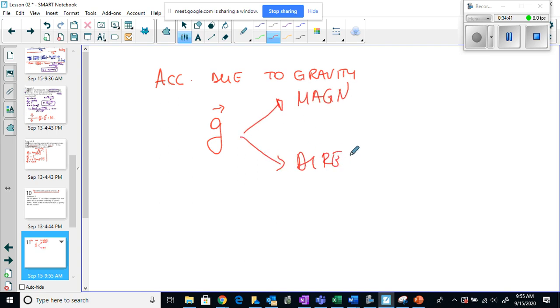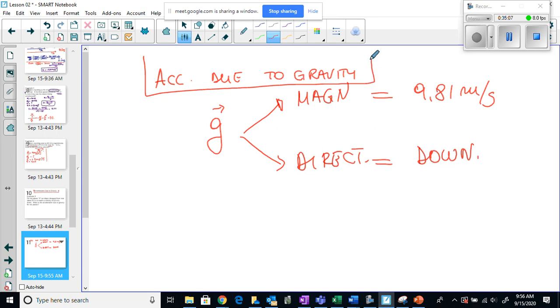But the uniqueness of this is that the magnitude near the surface of the Earth is 9.81 meters per second squared, and the direction is always going down toward the center of the Earth. So the uniqueness of the acceleration due to gravity for Earth is that it has those two specific values. You don't have to calculate them unless you are doing a lab in which you are calculating the acceleration due to gravity, in our case, in Calgary.